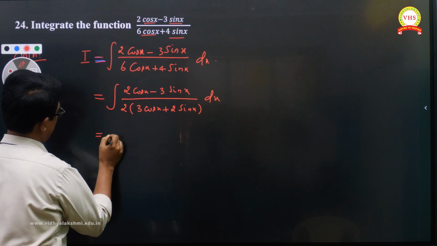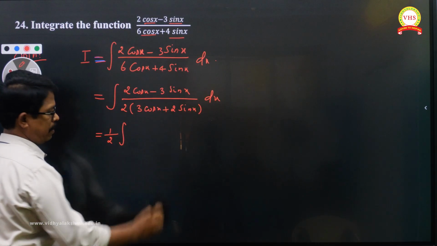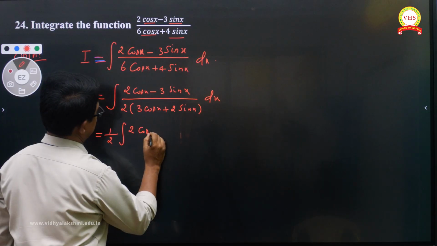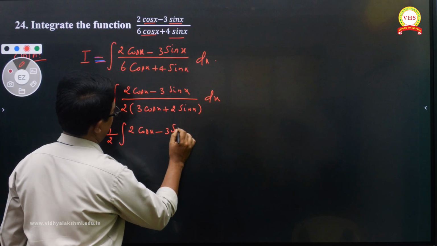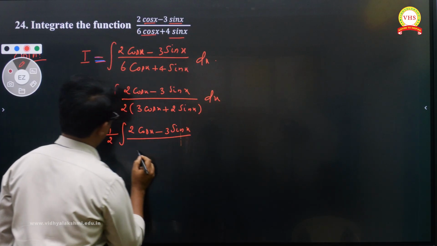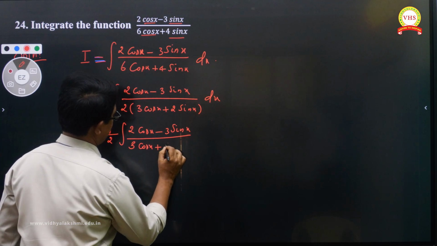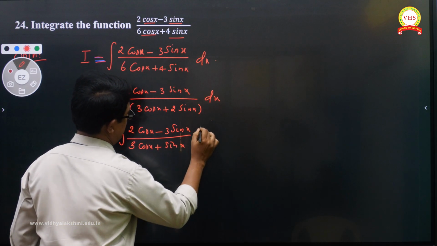Now I am going to take 1 by 2 commonly outside from the denominator. That is 2 cos x minus 3 sin x divided by 3 cos x plus 2 sin x into dx.